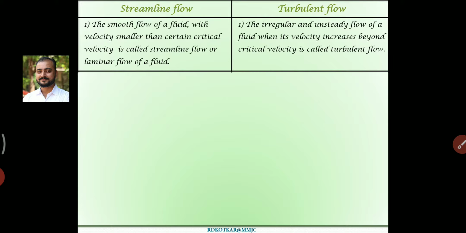Remember, below this critical velocity the flow of liquid is said to be streamline flow. What about turbulent flow? Turbulent, or unsteady flow of fluid, occurs when its velocity increases beyond the critical velocity.